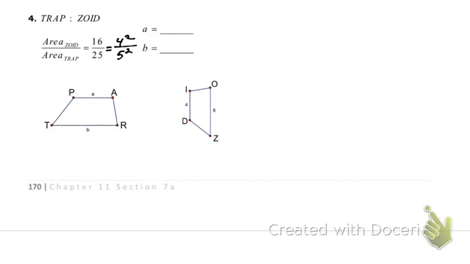So I'm talking about A being 4 and B being 5. So that means our length ratio is just going to be 4 over 5. Where Zoid is on top, trap is on bottom.